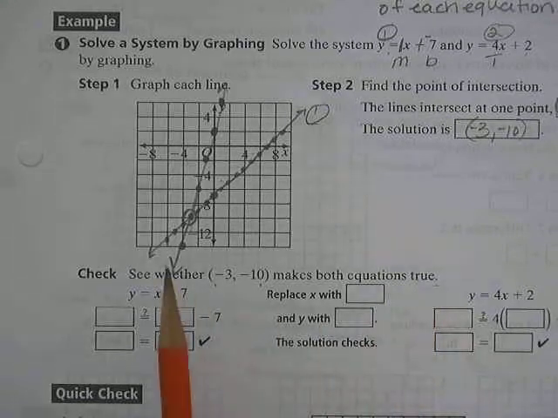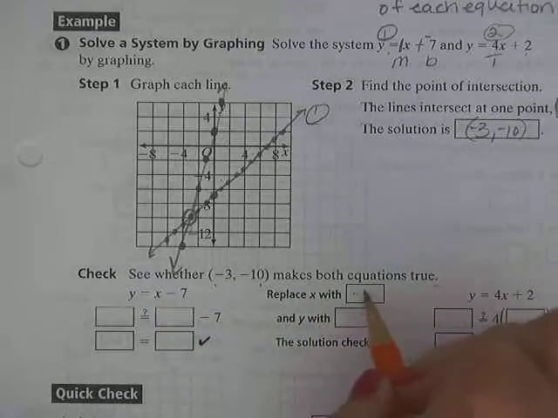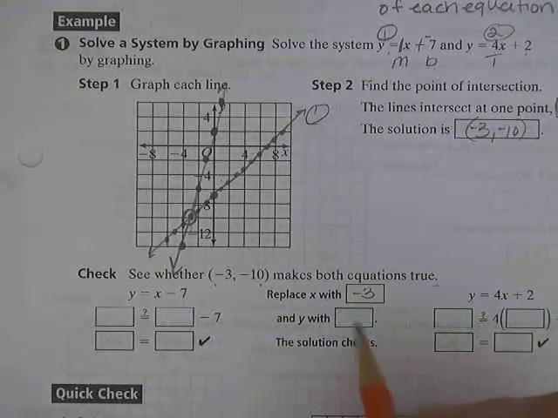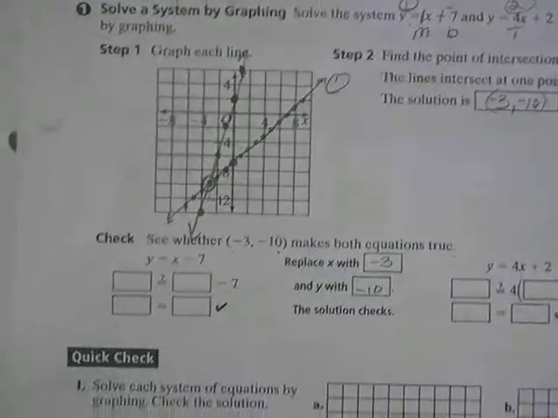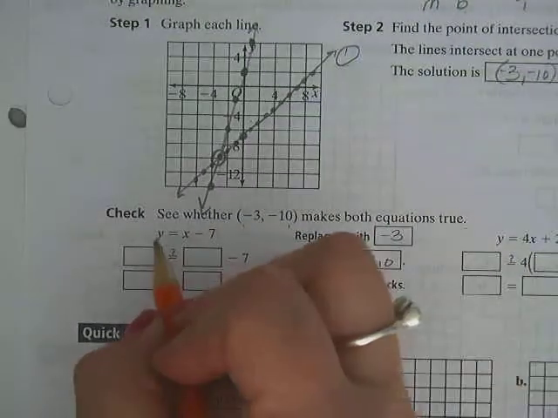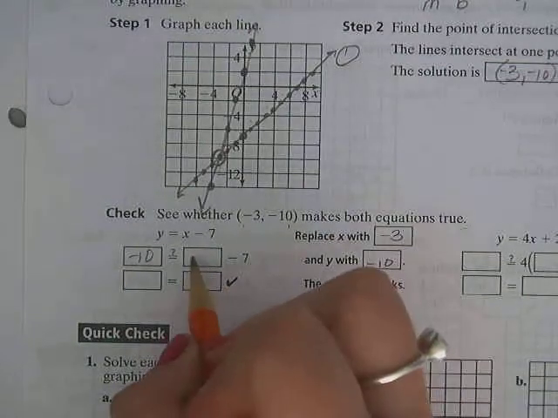All right, let's do this check. So we need to see whether -3, -10 actually makes both equations true. So we're going to replace x with -3, y with -10.